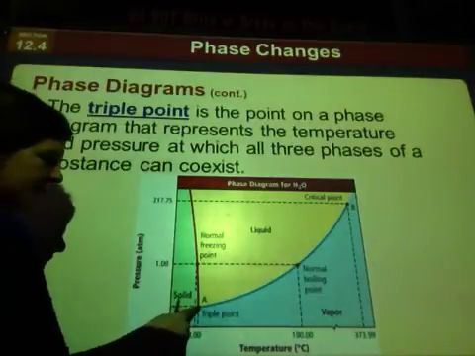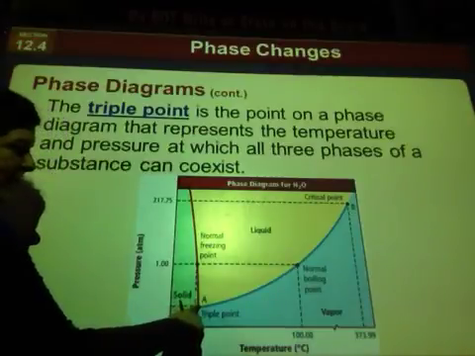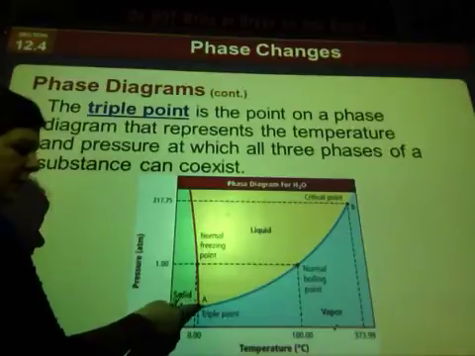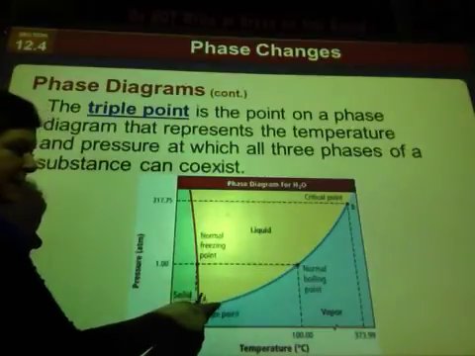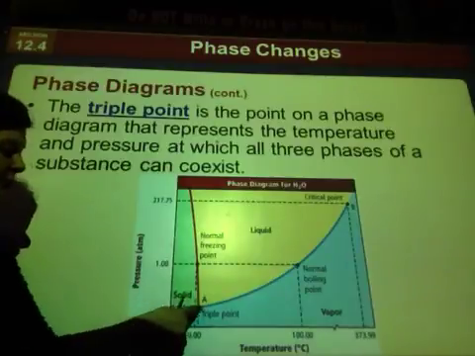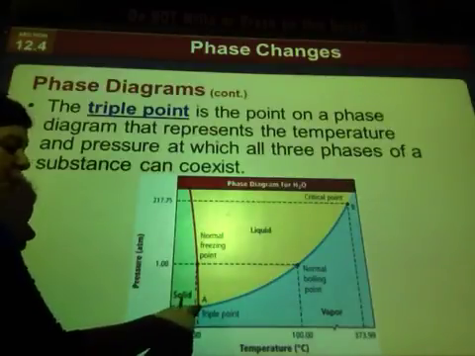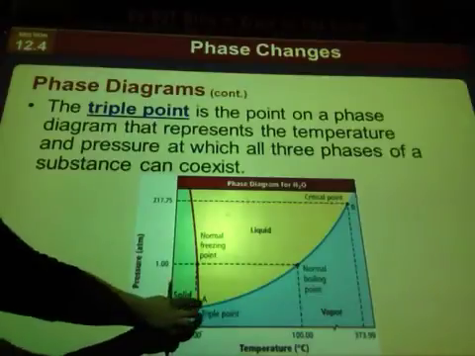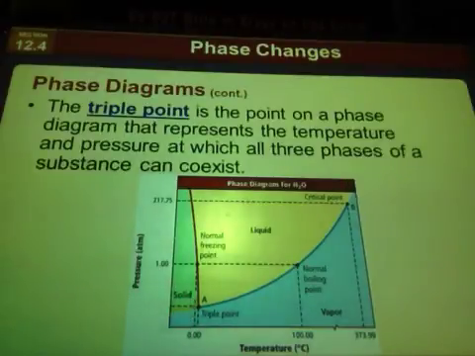I can see here, this is where my line separating the liquid and solid meets the line separating the liquid from the vapor and the line separating the solid from the vapor. So at this point, all of my phase changes could possibly occur. This is the triple point, and it represents that I could have a solid, a liquid, or a vapor.